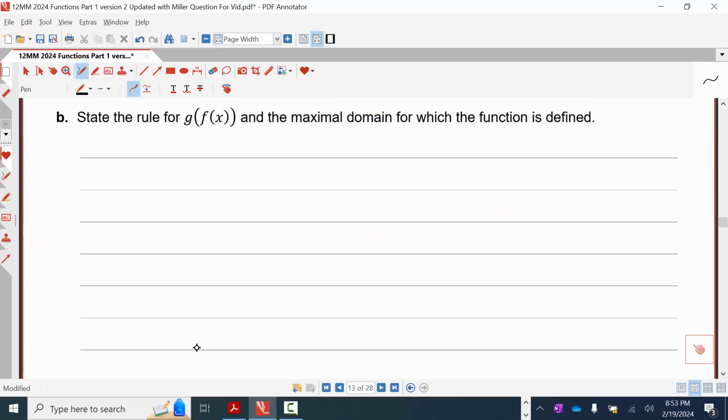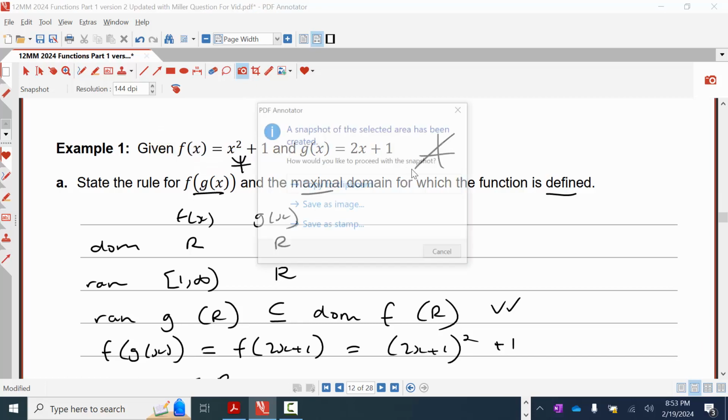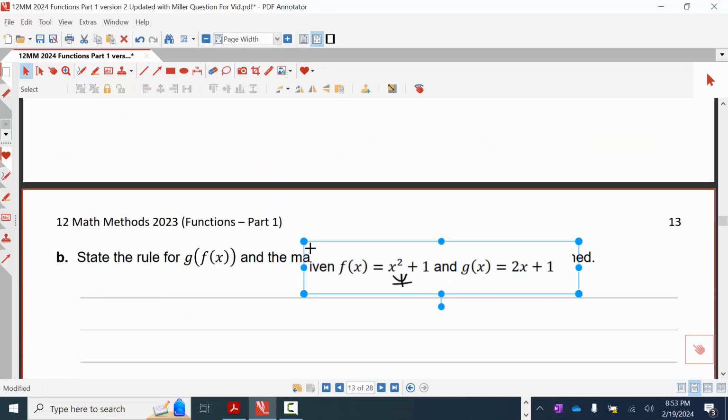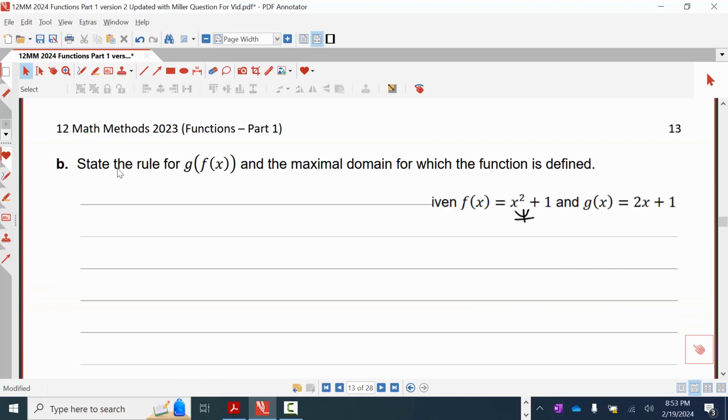Okay, state the rule. All right, I better just copy these. I'm just going to grab that. All right, so this time I'm going to do g of f of x.